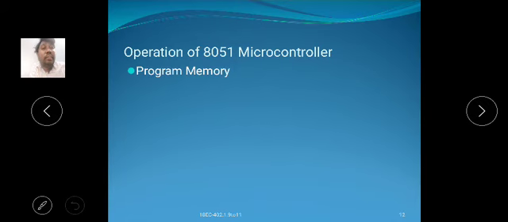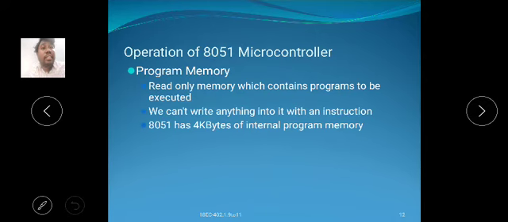For the operation of the 8051 microcontroller, first we are going to discuss the program memory. The program memory is read-only memory which contains the programs to be executed. We cannot write anything into it with an instruction.